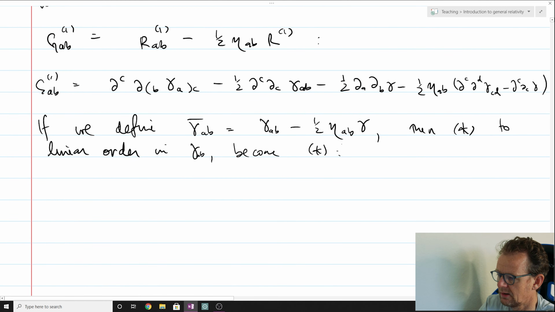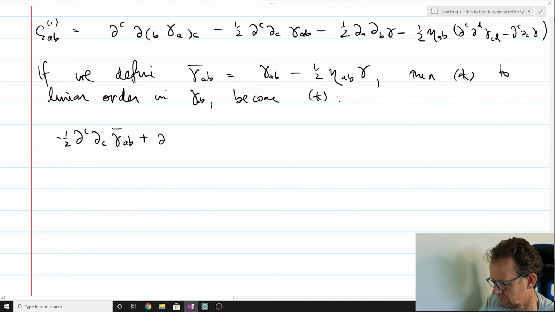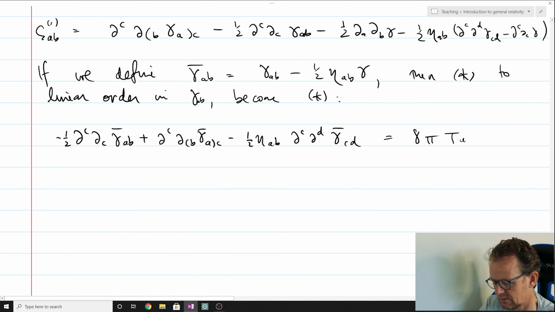Einstein's field equations now can be written out in their full glory, and here they are to linear order. This is just an exercise in rewriting some equations for you, and the right hand side is just the full stress energy tensor.